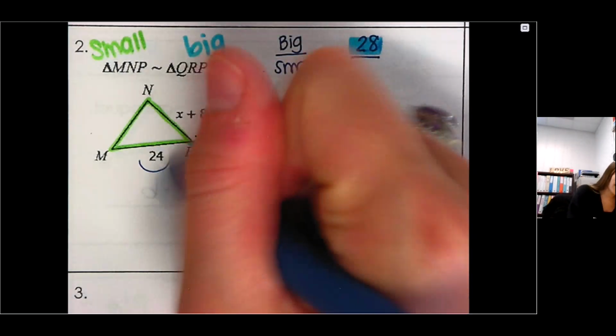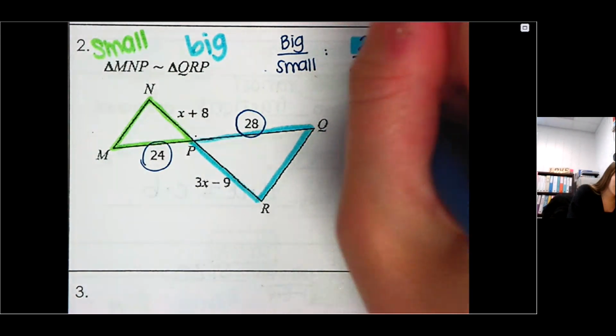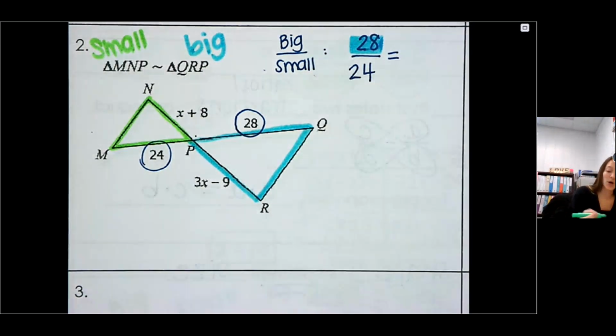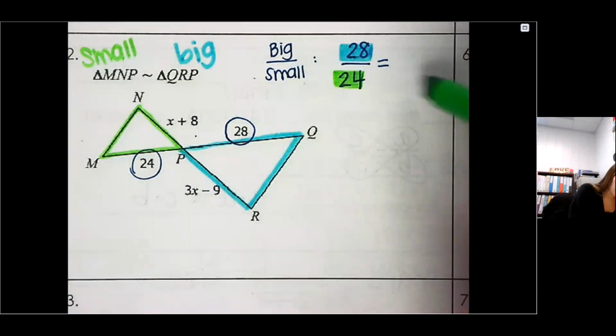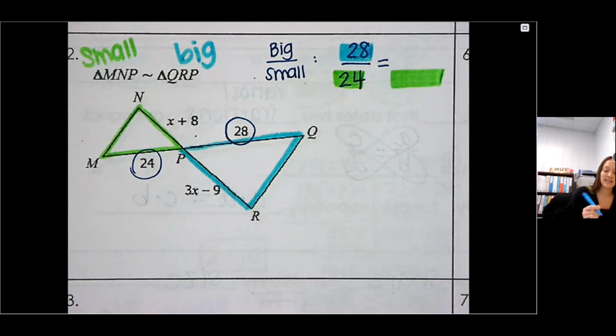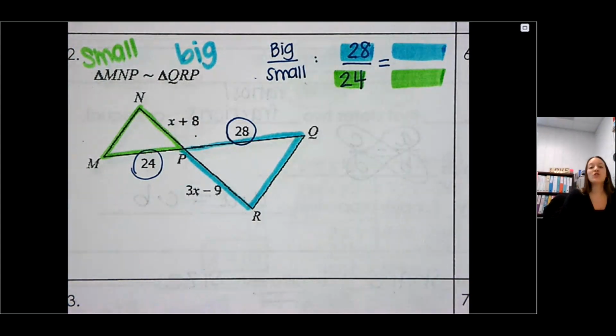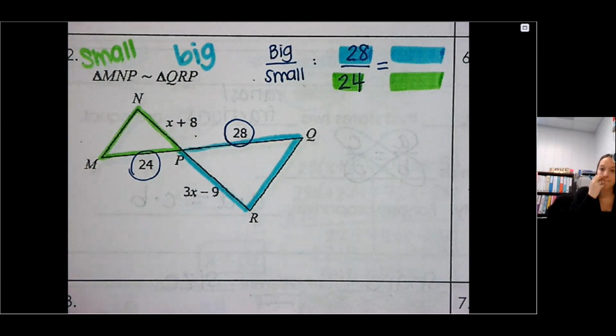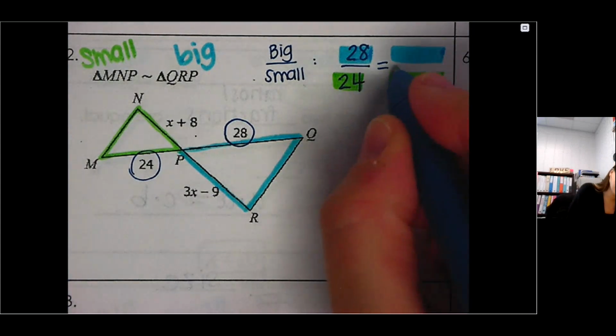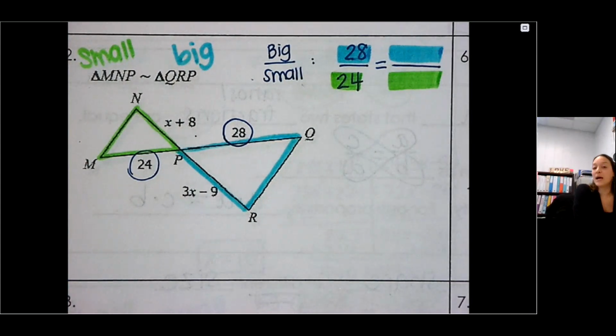Okay, so 28 over 24, that's our first proportion, big over small. Now, when you write your next proportion, it has to still be big over small. You got to keep the same order. So what should go on the top? What expression should go on the top?